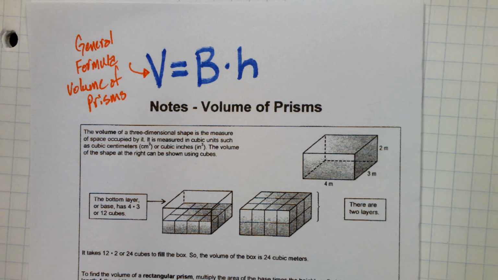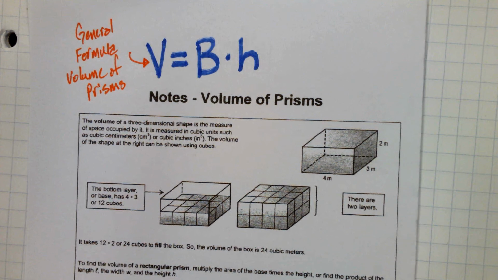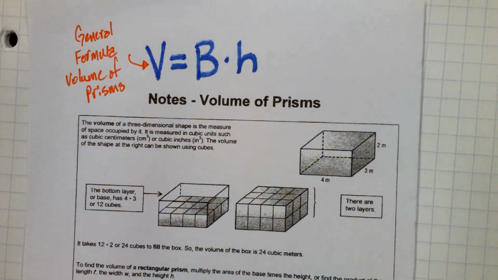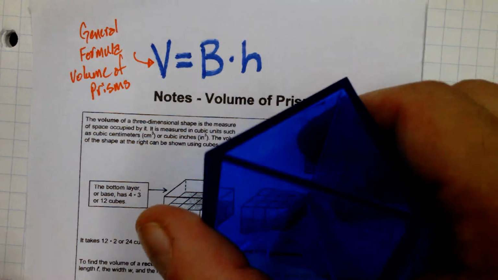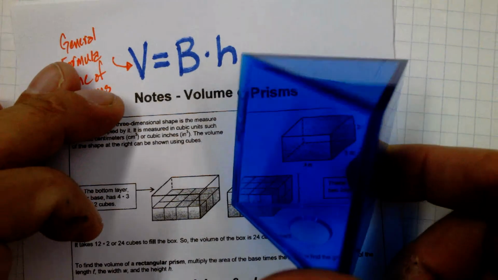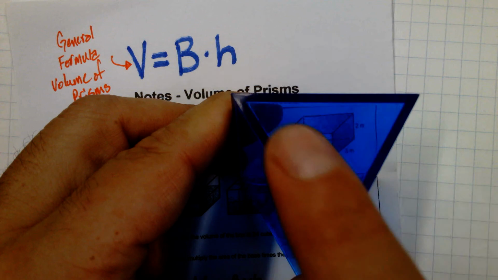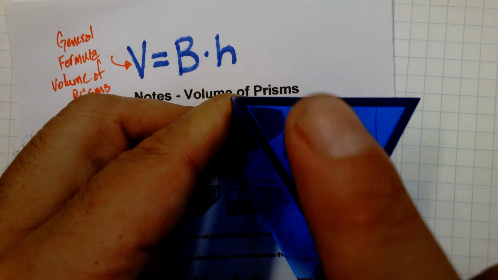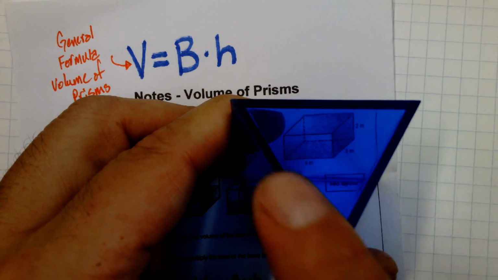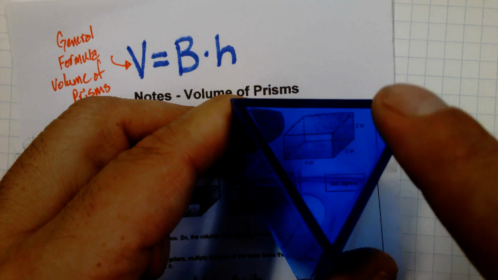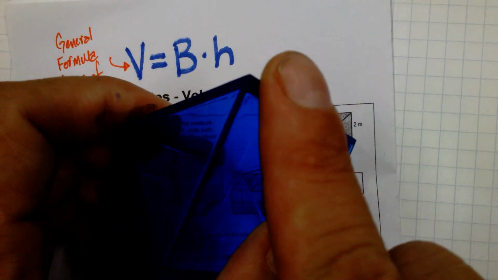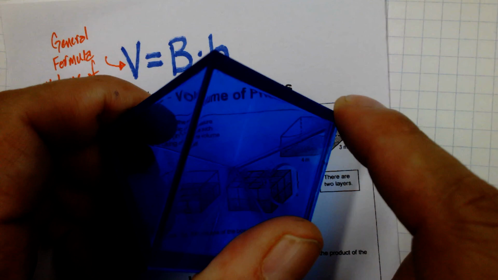Okay, so let's go back to what we saw in the video. To find the volume of any prism, here we have a triangular prism, right? You find the area of the base, in this case, it's a triangle. And then you multiply it times the height.